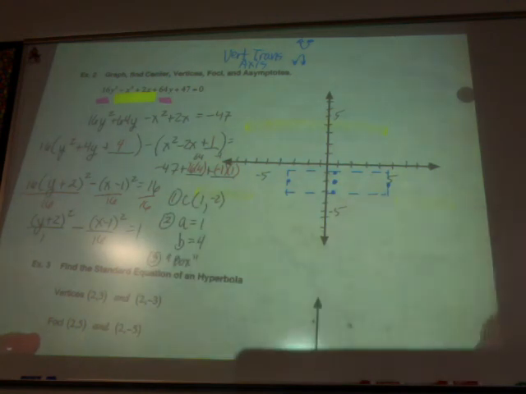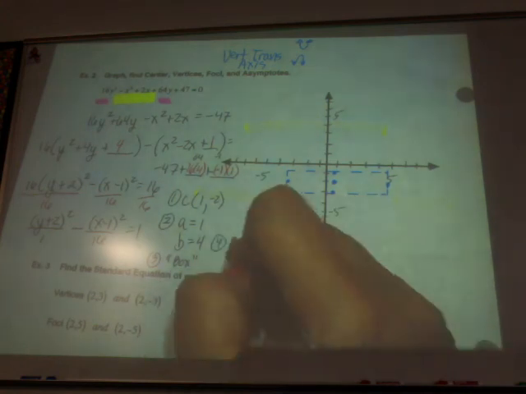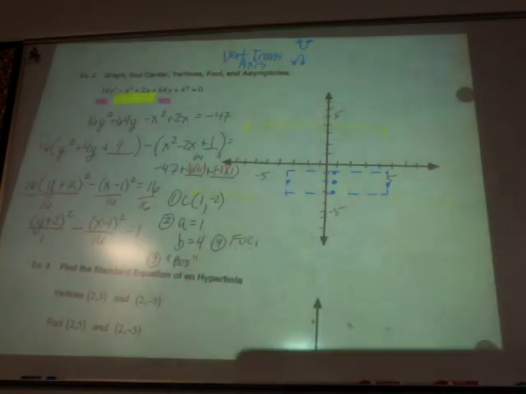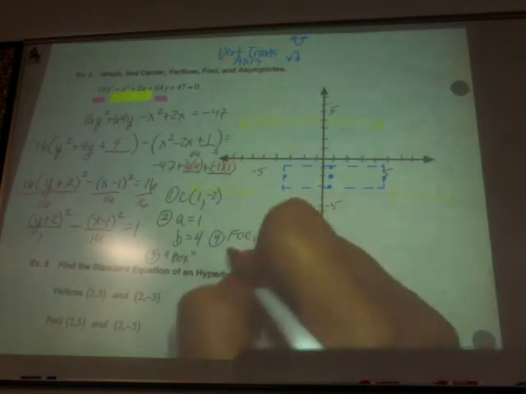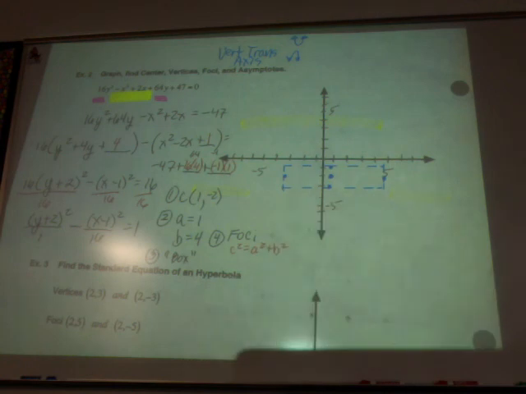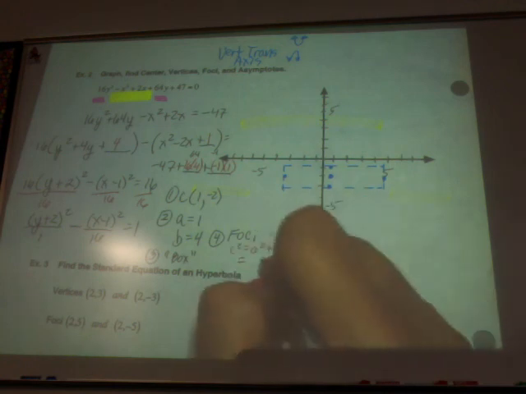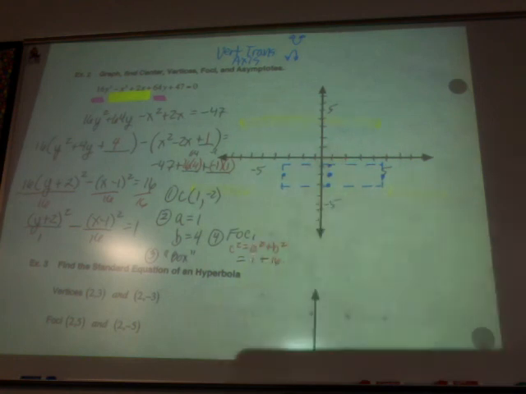What's step 4? Foci, right? How do you find foci? C squared equals A squared plus B squared. So this is lovely, 1 plus 16.